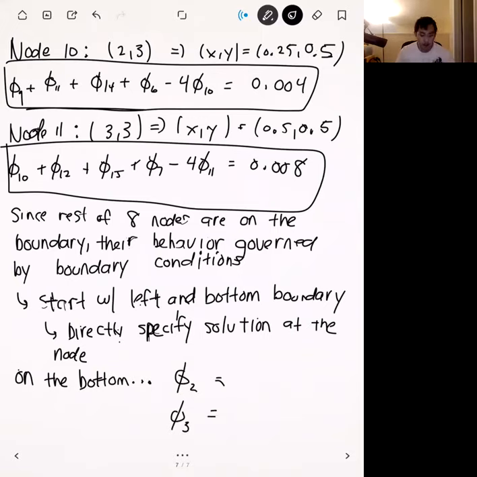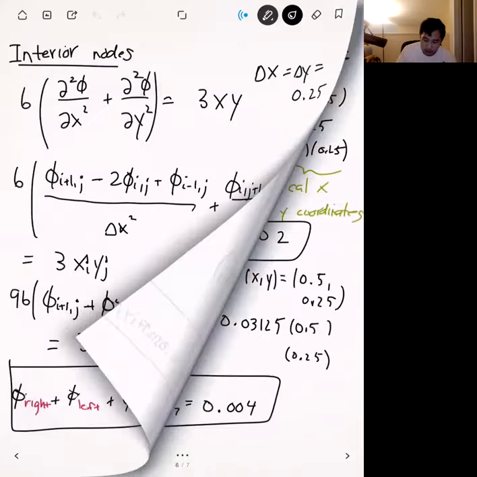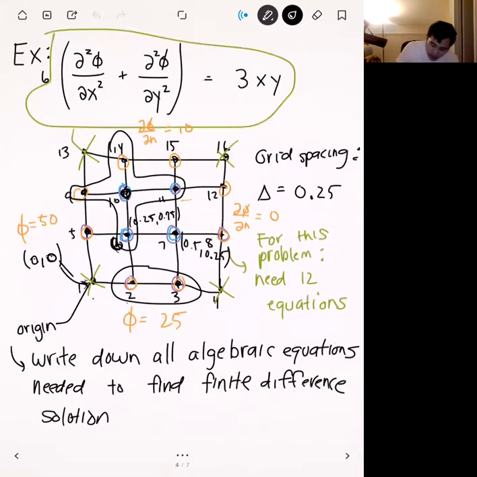Since a Dirichlet boundary condition is specified here, we can just apply the Dirichlet value. For this bottom boundary, if you go back to our diagram, we can see that the Dirichlet value we specify here is 25. That tells us that the solution has to be 25 for the nodes on that bottom boundary.